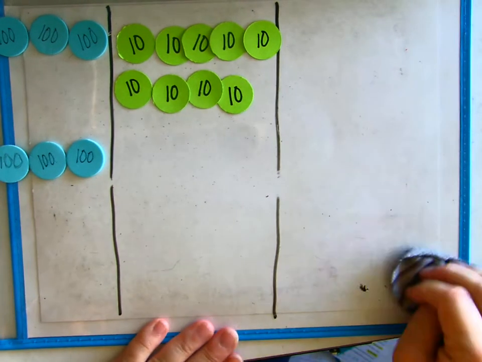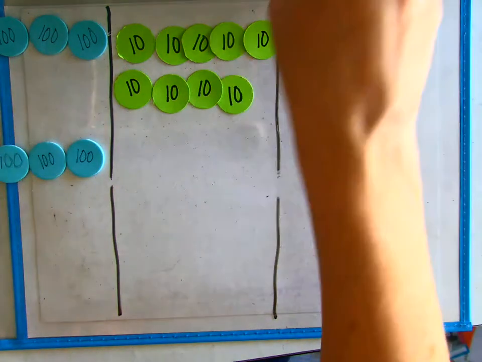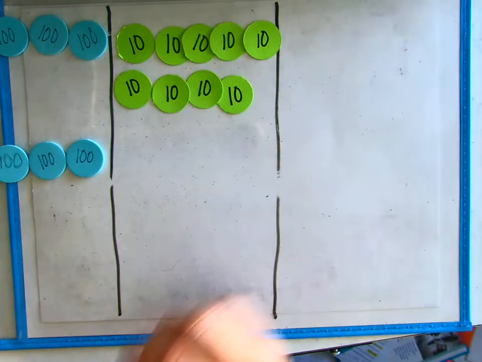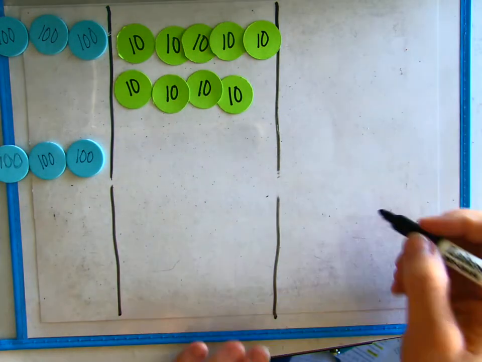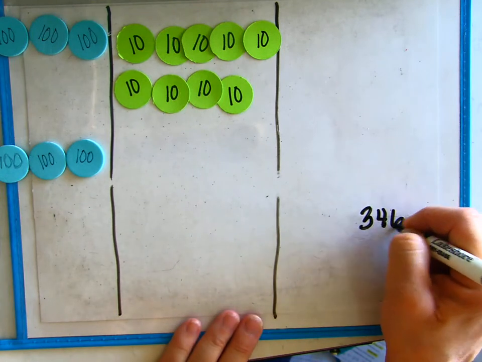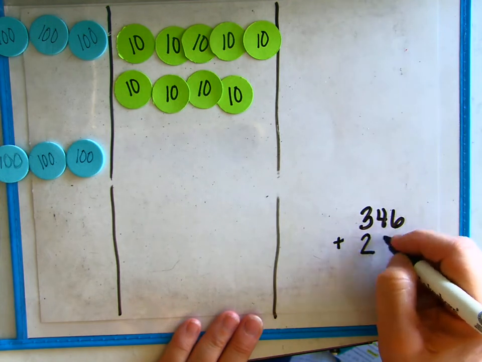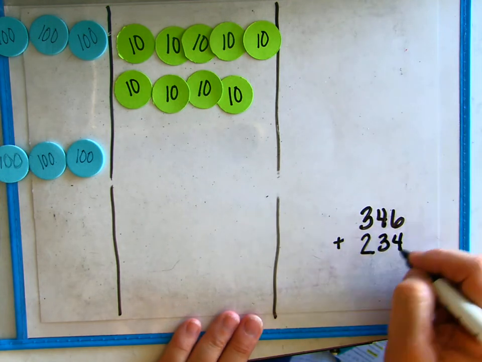Let's do the next one. So again, you're writing this in your book. The next one is 346 plus 234.